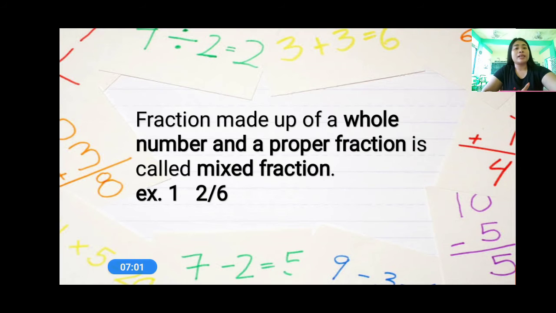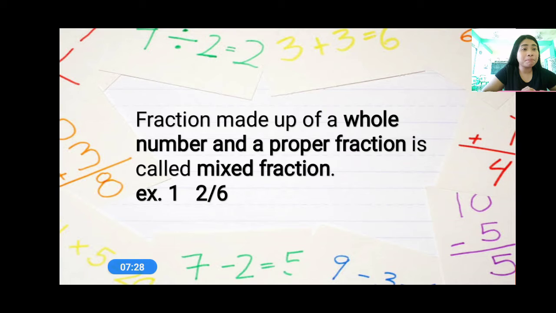So the next one is a fraction made up of a whole number and a proper fraction, called mixed fraction or mixed number. Do you understand? So the last one is the mixed number or mixed fraction, which is made up of what? A whole number and a proper fraction. It is composed of what?